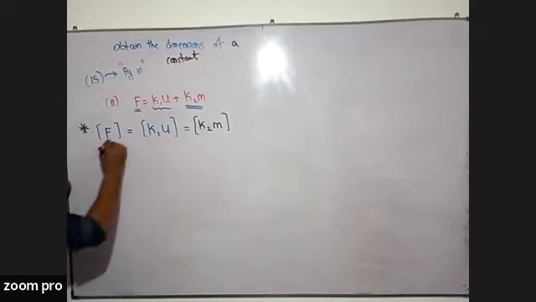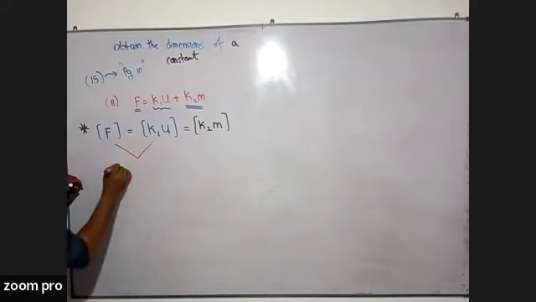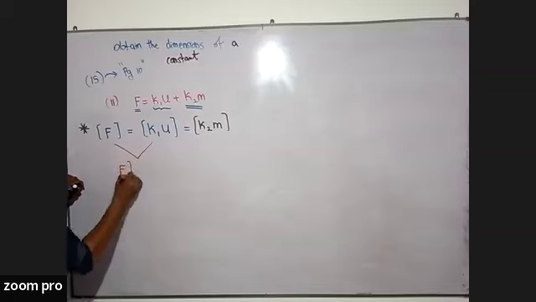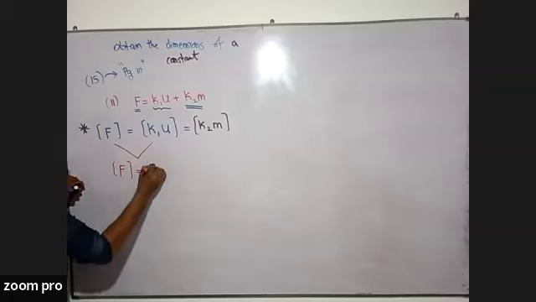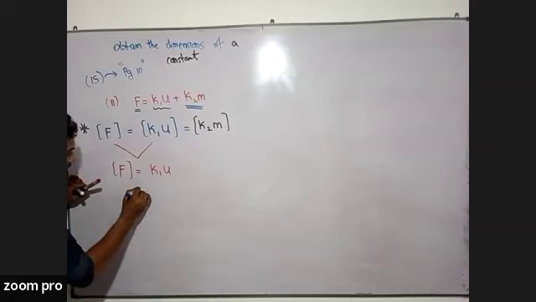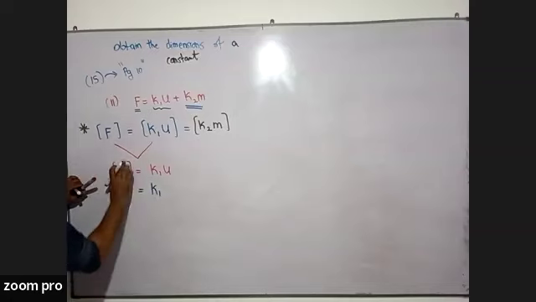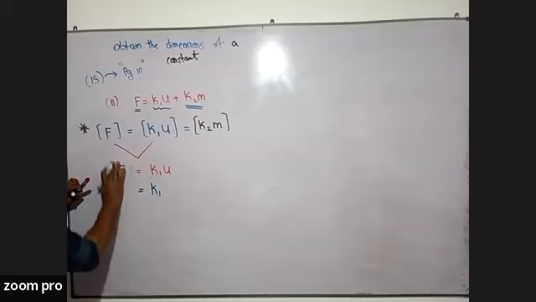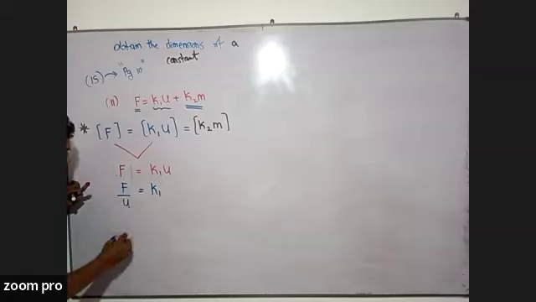Right. So now you have to find the dimensions of k1 as well as k2. So first of all, let's concern these two. That means the dimensions of f should be equal to the dimensions of k1u, right? So if I make k1 the subject, k1 equals f over u, right? Then let's substitute the relevant dimensions.